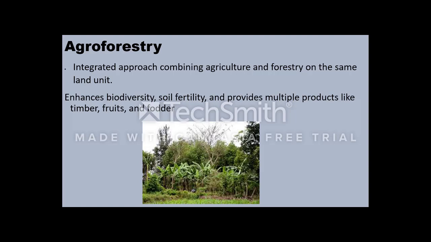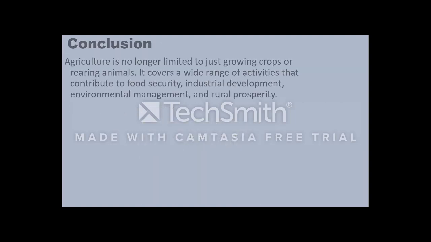Like you can see in the picture here, there's a banana plantation inside the forest. So you are making more income from those products, and at the same time it enhances biodiversity, soil fertility, and provides multiple products like timber, fruits, and fodder for your animals. So agroforestry is also a major scope of agriculture.